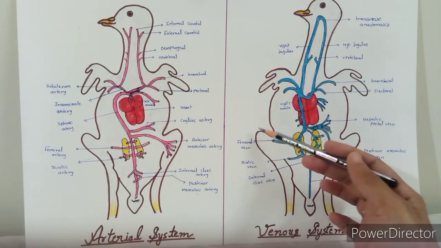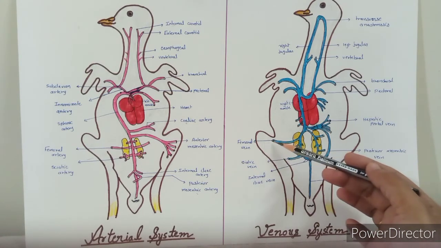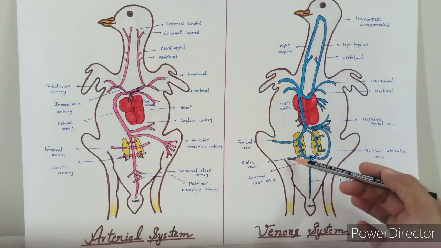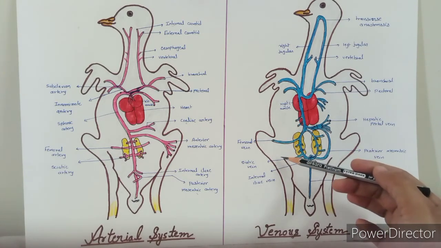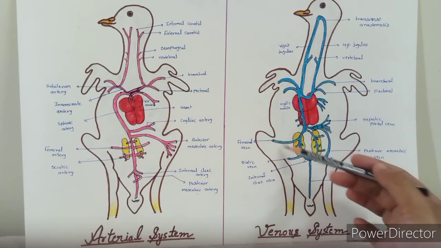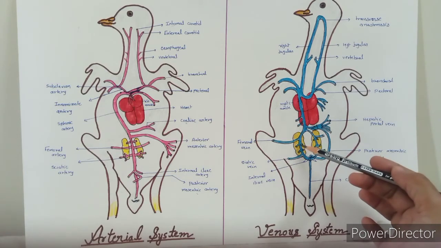It goes to the external muscles of the thigh, meaning it collects the deoxygenated blood from the external muscles of the thighs. The sciatic vein goes to the internal part of the thighs, and the femoral vein goes to the external muscles of the thighs. This is the basic difference between the sciatic vein and the femoral vein. So this is the renal portal system.